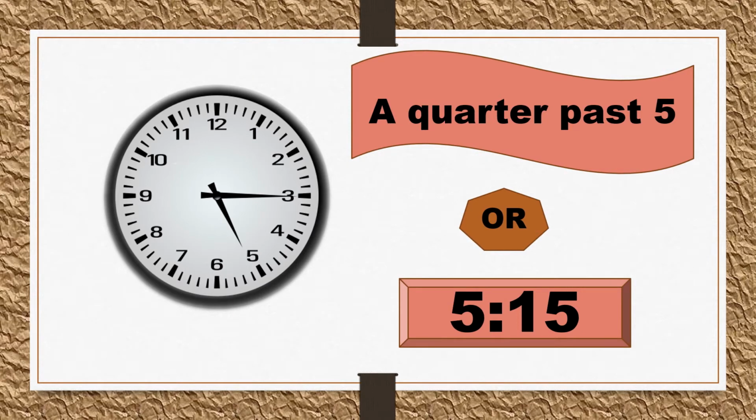Now, what time is it, children? Yes, the short hand, meaning the hour hand, is a little after 5 and the minute hand, meaning the long hand, is at 3. So, we say that it is 15 minutes past 5 or a quarter past 5. Children, we write it as a quarter past 5 or 5:15.